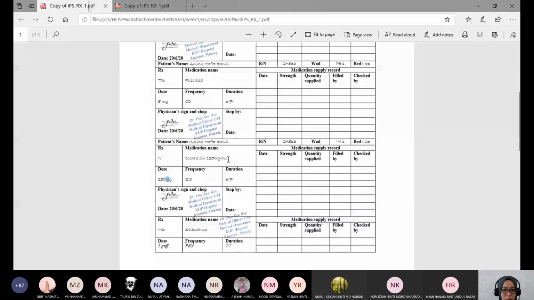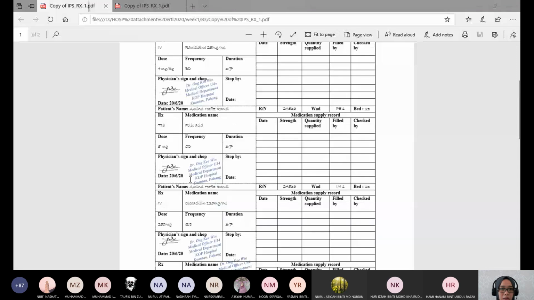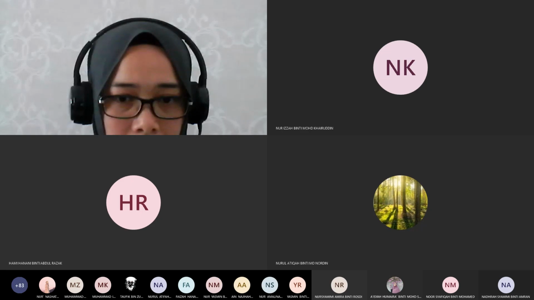And usually if you want to check, you just Google whether this 125 mg per ml exists or not. So during the workshop you will need to search whether the strength is available or not, and then how many ampoules or vials you are going to supply. Okay, so I think I will close the PIPS case. I will open the elderly case.